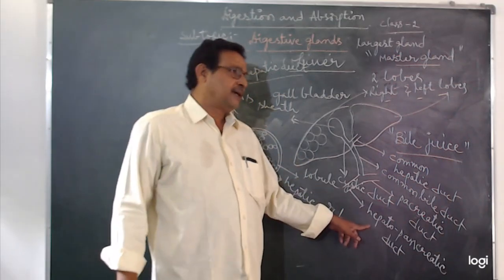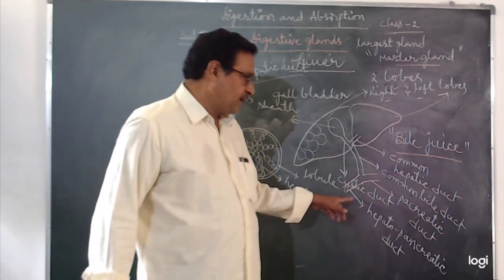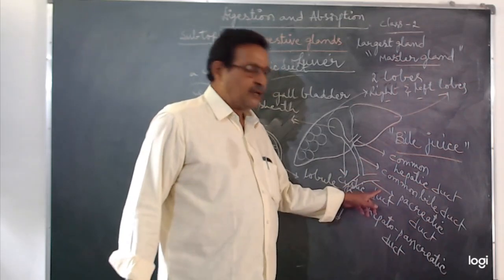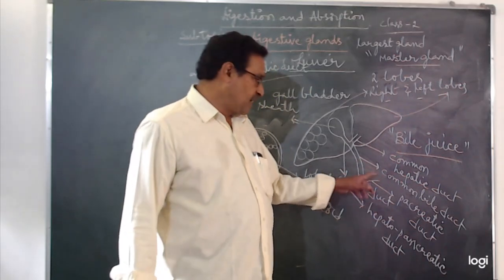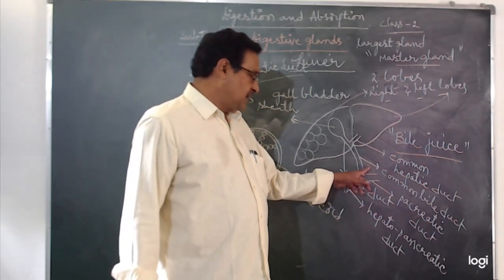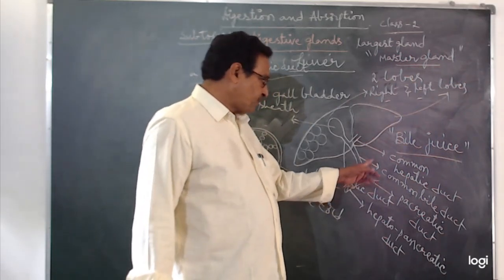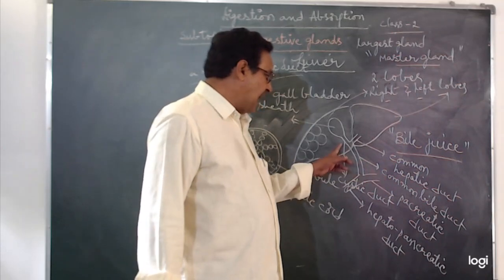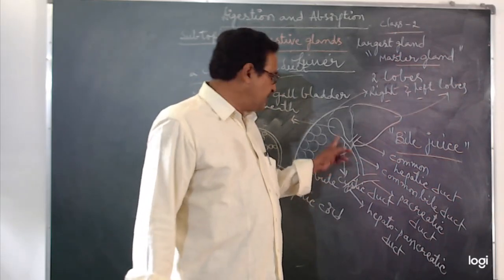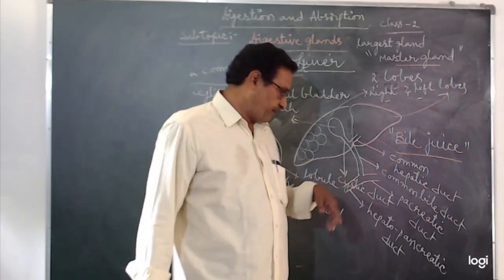Hepatopancreatic duct is formed by the union of common bile duct and pancreatic duct. The common bile duct is formed by the union of common hepatic duct and cystic duct which is given by gallbladder.